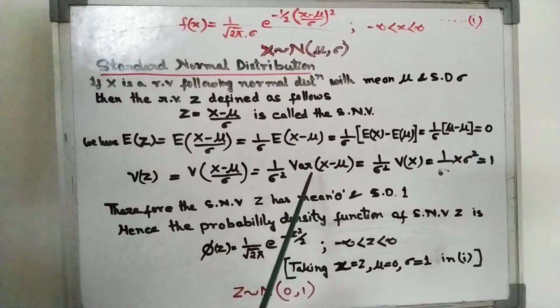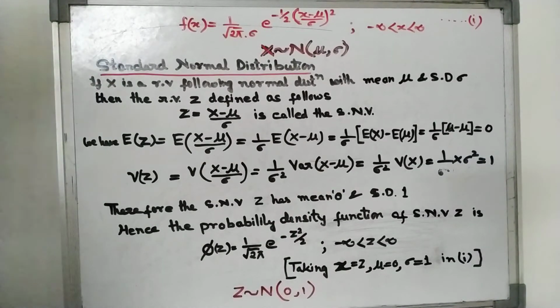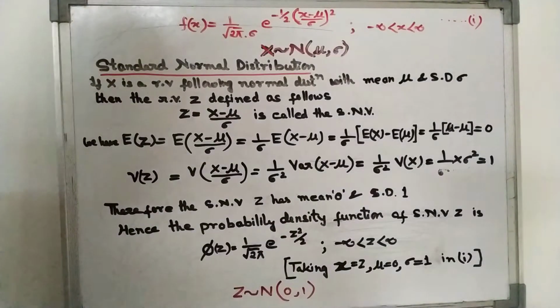As we know, the variance is independent of change of origin, which you have learned in first year. So the variance of x minus mu will be the variance of x. Or you can open the bracket and apply it; you also get the variance of x, because the variance of a constant is 0.